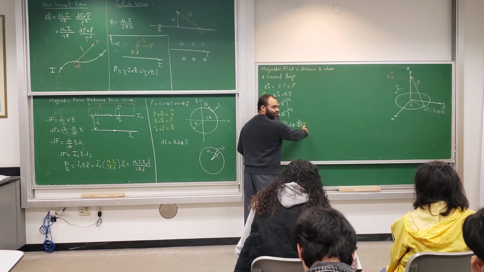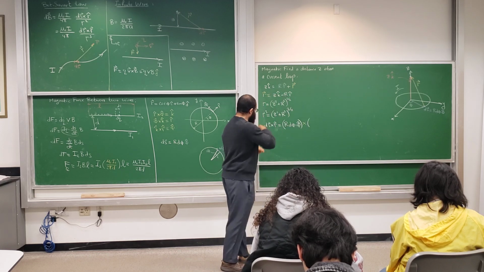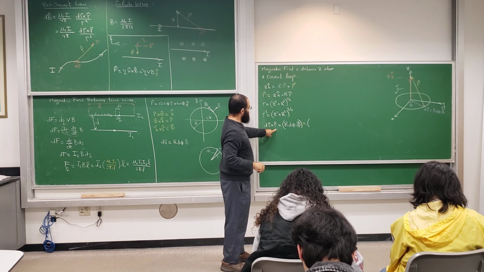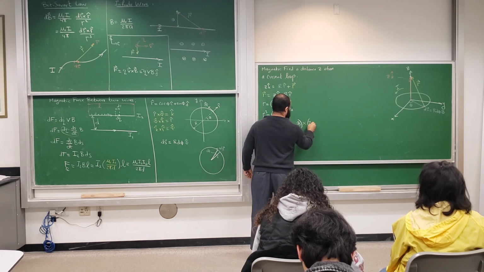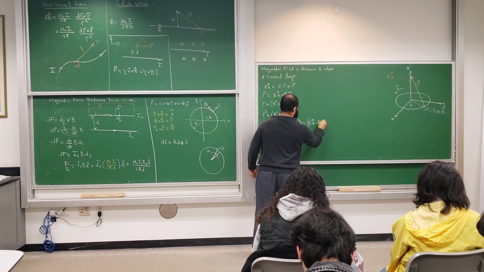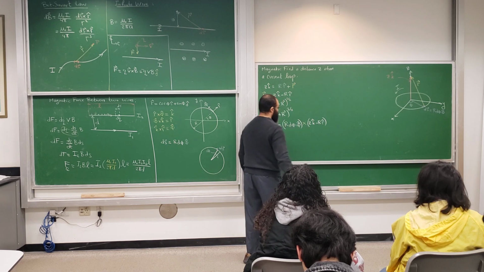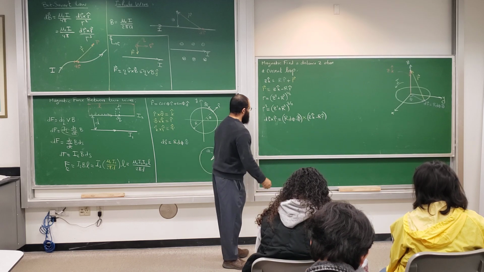This is not x, this is the cross product. Then r is R r hat plus Z k hat. All right, we're ready now for our cross products.